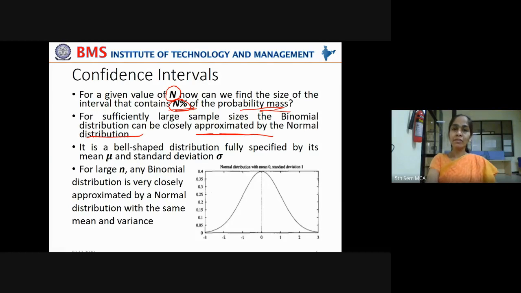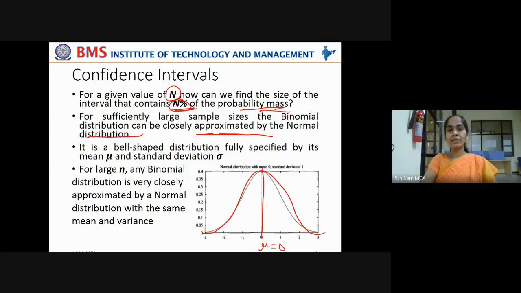So what is a normal distribution? It is a bell-shaped distribution, like this, fully specified by its mean. This is its mean. Here the mean value is equal to 0 and the standard deviation is sigma. In the standard normal distribution, the standard deviation value will be equal to 1.